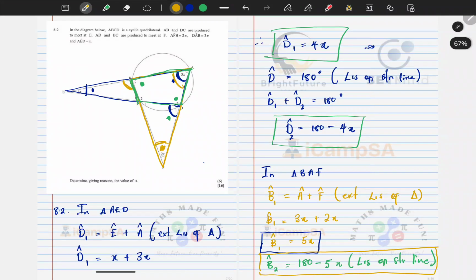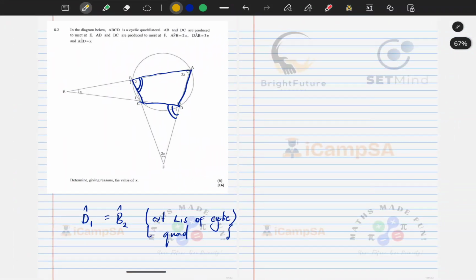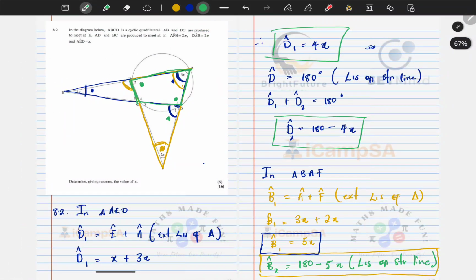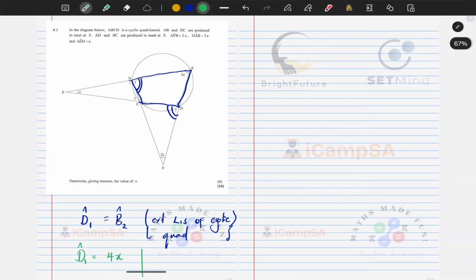We know that D1 is equal to 4x, right? And what is B2? B2 is equal to 180 minus 5x, right? So now we can just substitute. We are going to say 4x is equal to 180 minus 5x, right?